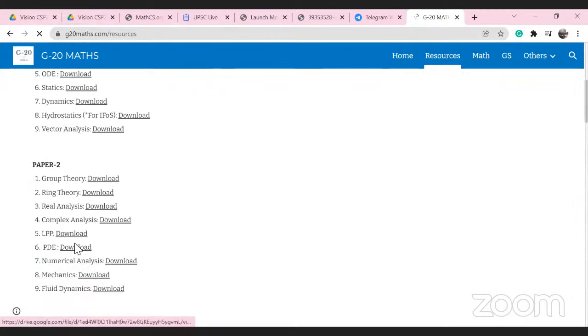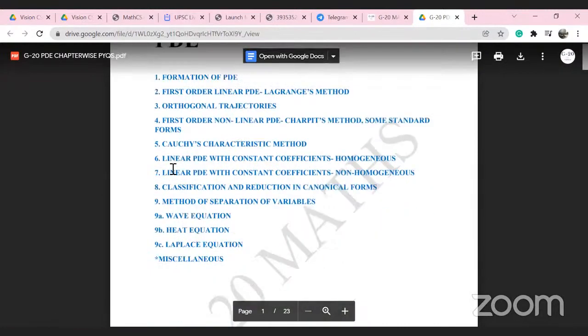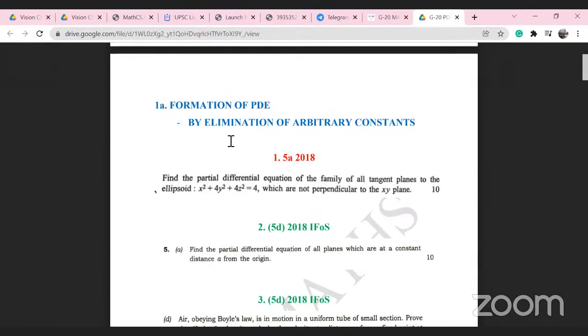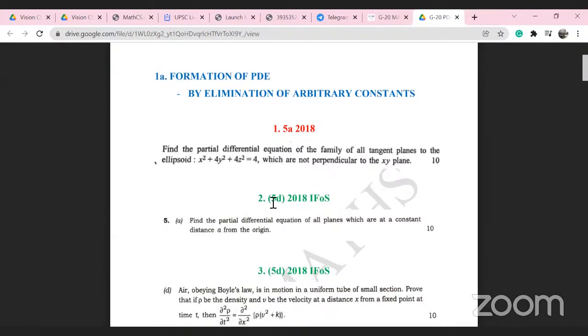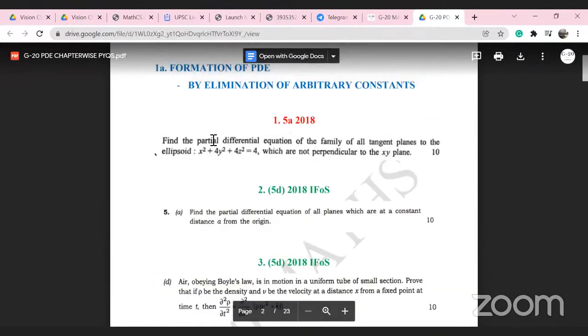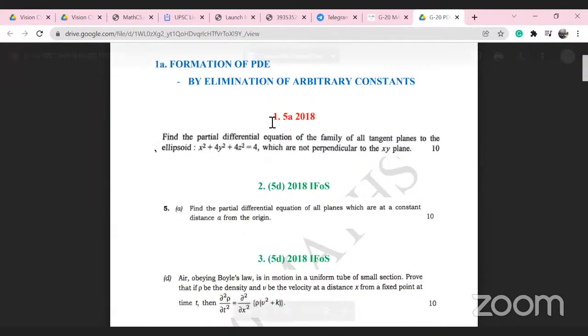You can go to paper 1, paper 2, go to paper 2, click PDE, and the drive will open. In the drive, the first is formation of PDE. In formation of PDE also, in the last 10, 11 years, you have the kinds of questions that have been asked. You can see all the questions are mostly geometry, elimination of arbitrary constants.